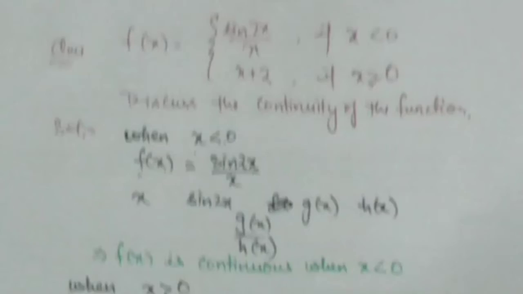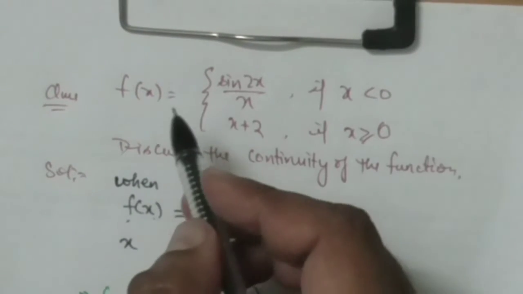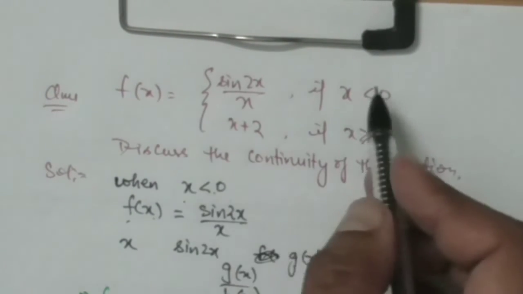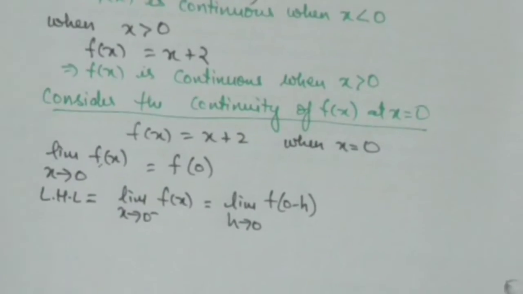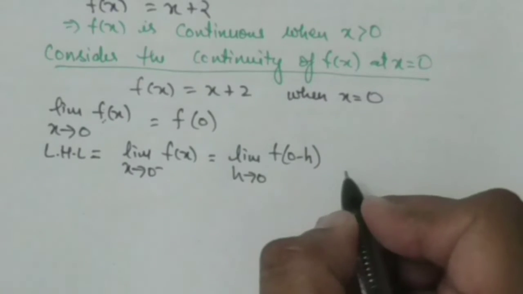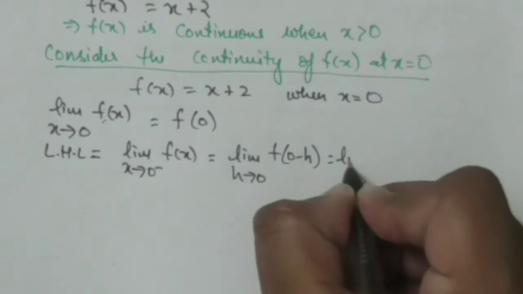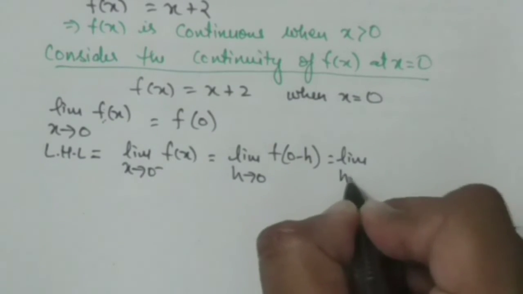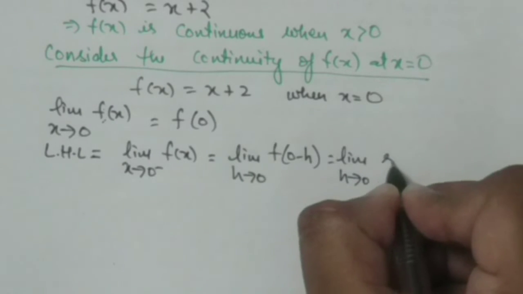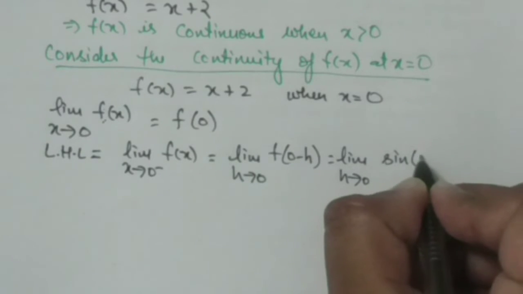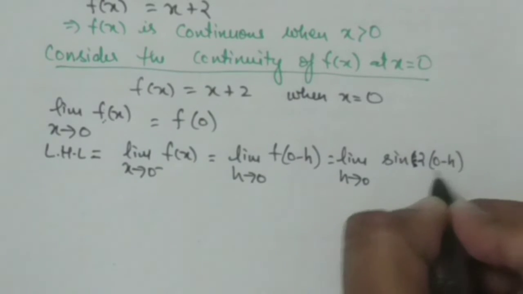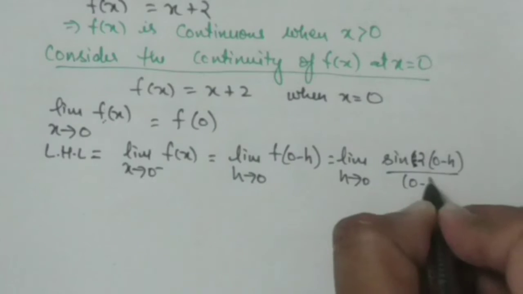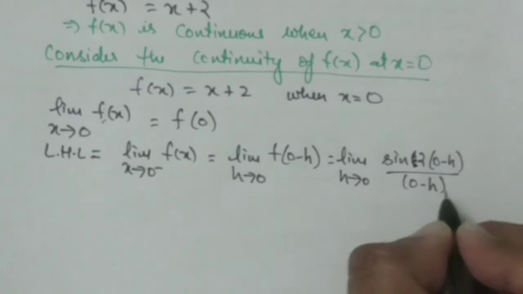So see the definition of function f(x): when x is less than 0, f(x) is equal to sine 2x upon x. So f(0 minus h) is equal to what? Sine 2(0 minus h) upon 0 minus h, right?